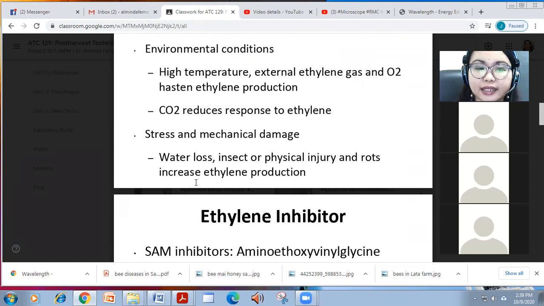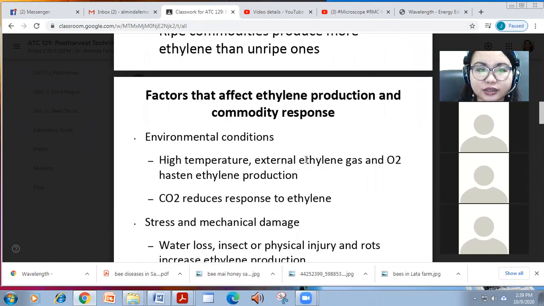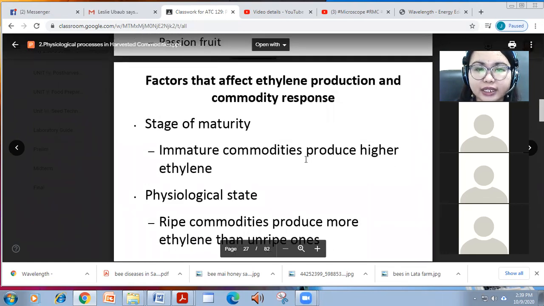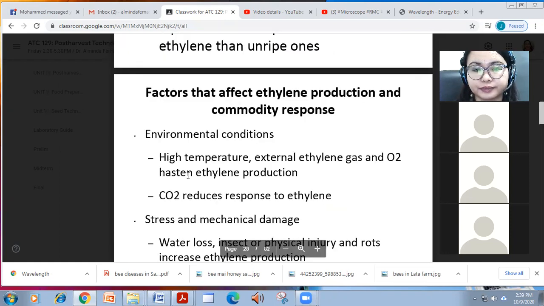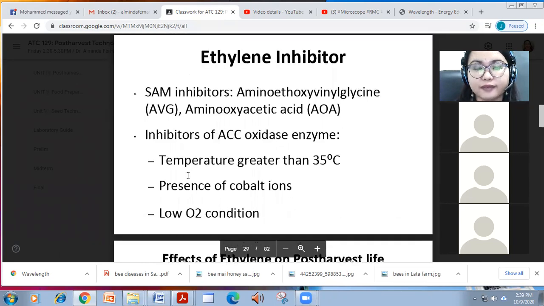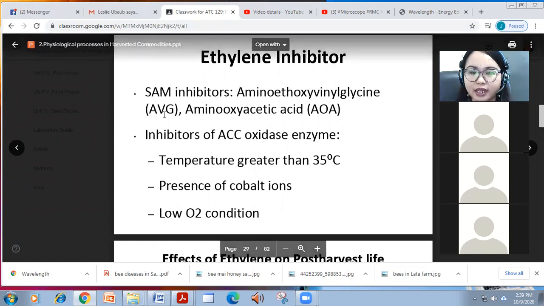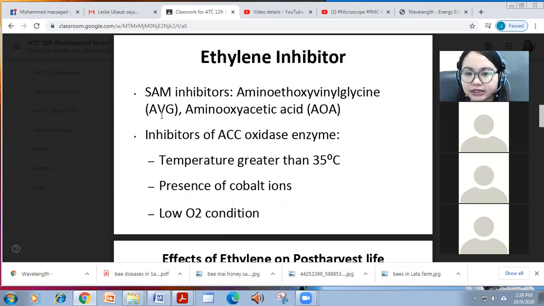And lastly, stress and mechanical damage. Water loss, insect or physical injury, and rats will all increase ethylene production. So these factors will either promote or inhibit ethylene production. We have so-called ethylene inhibitors, as shown on the previous figure. AVG means aminoethoxyvinylglycine, while AOA is aminooxyacetic acid.